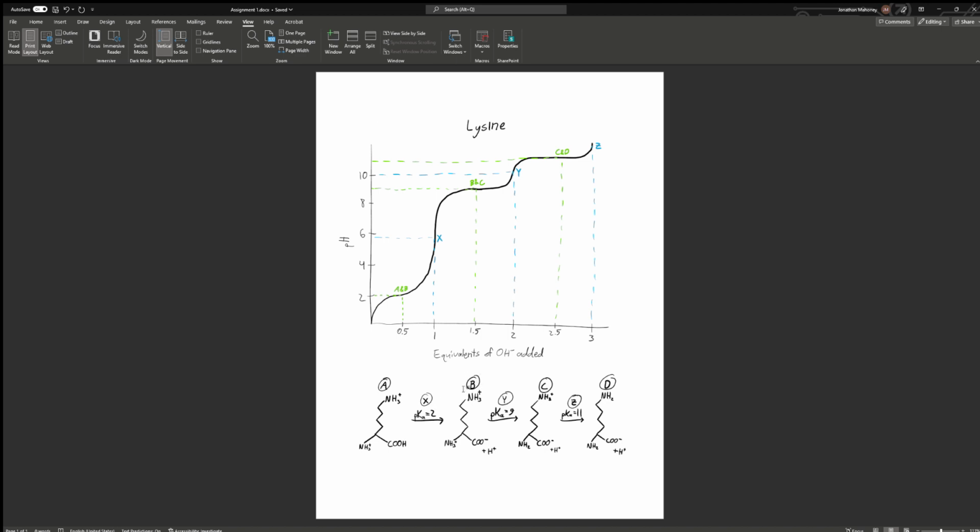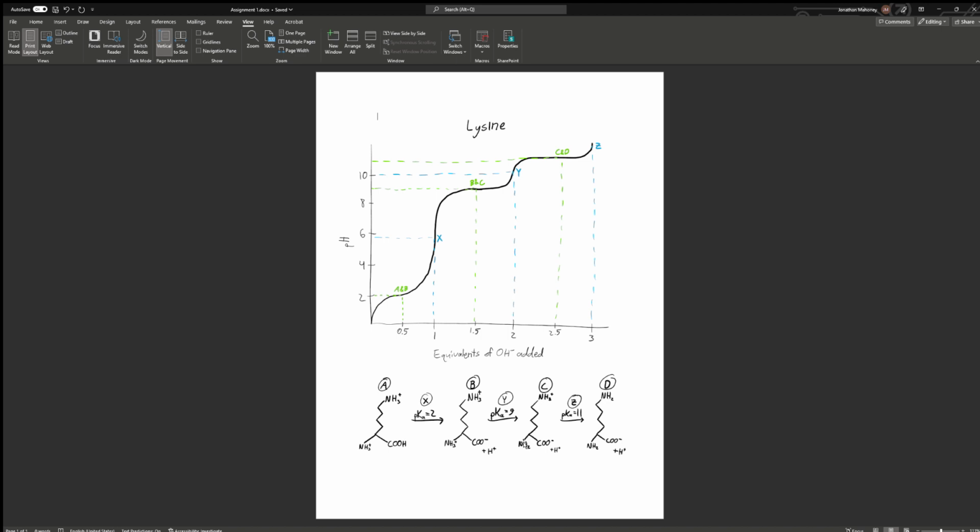stage B here, where the carboxylic acid group has been titrated and the molecule has lost this proton here. And then over here, when we get to a pKa of 9, labeled as Y, the lysine molecule is then titrated again.